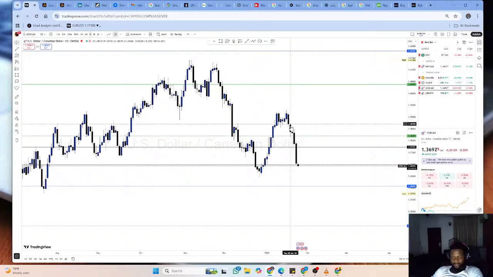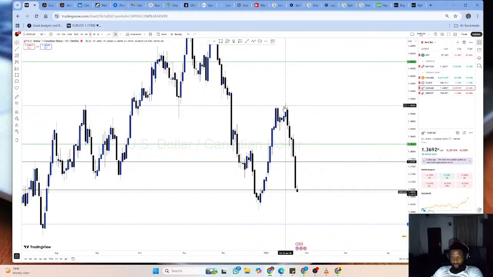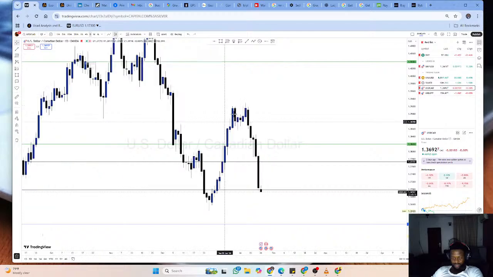A double neckline, straight down. That's the pattern I was talking about. So it needs to make a new low. And there's a trend line if you can see.